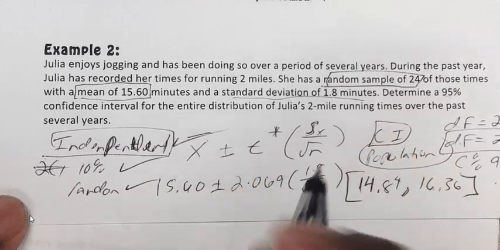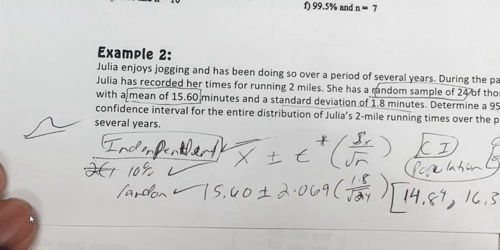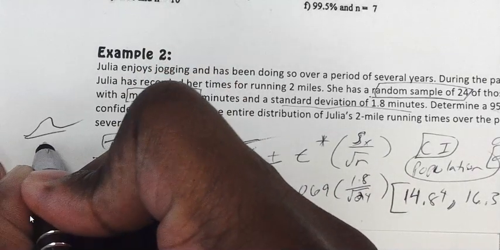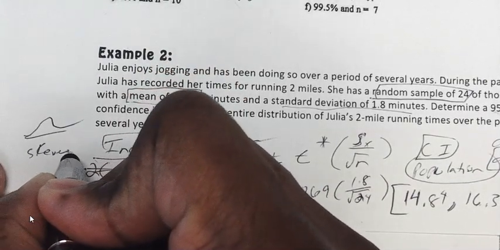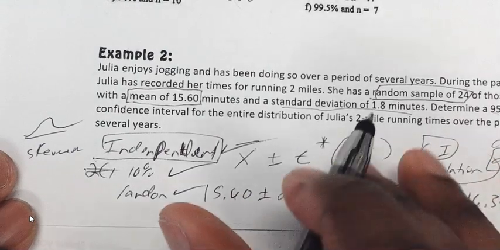What we don't know is they never said that it was normal. They never said her running time was normal. They never said whether or not she had any skewed values. Like some days she might run really slow, or some days she might have the wind at her back and be running really fast. They did not give us any information to say that.